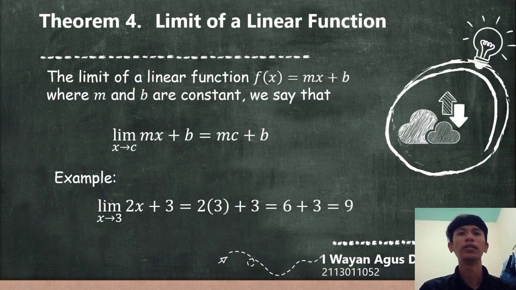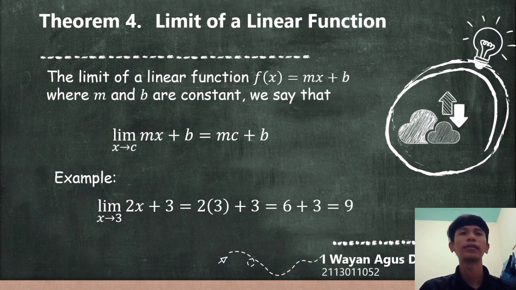Okay, let's move to another theorem. Theorem 4: limit of a linear function. The limit of the linear function f of x equals m x plus b, where m and b are any constants.